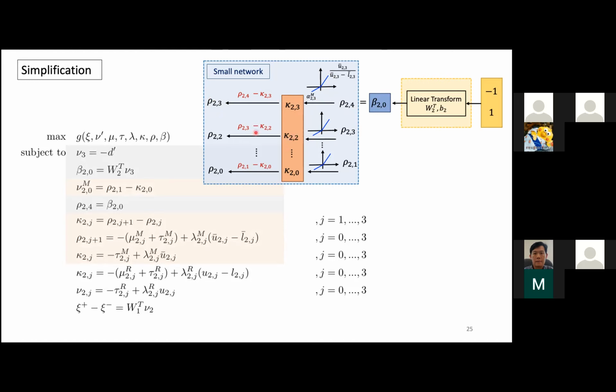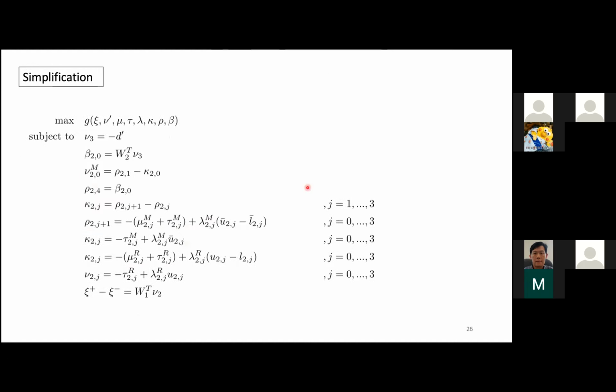So if we repeat these operations, then finally it works like a small network, and we can also get all kappas here. So here we use the gray color to represent the constraints we have already eliminated.